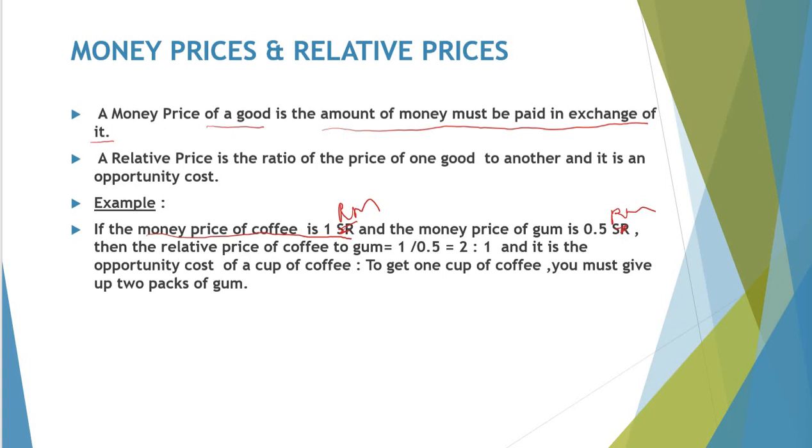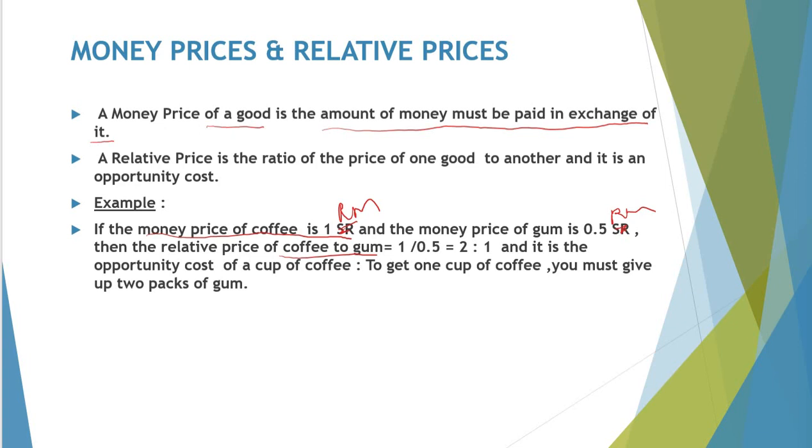Then the relative price of coffee to gum is 1 to 0.5. Bermaksud 2 to 1. And it is the opportunity cost of the cup of coffee. So meaning that, ini macam sistem barter kan.